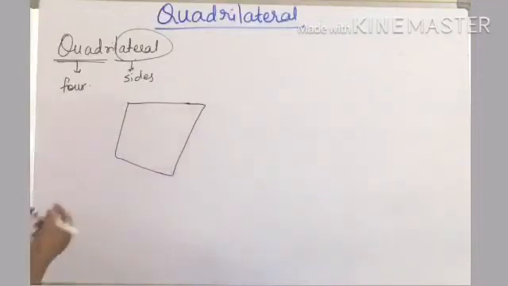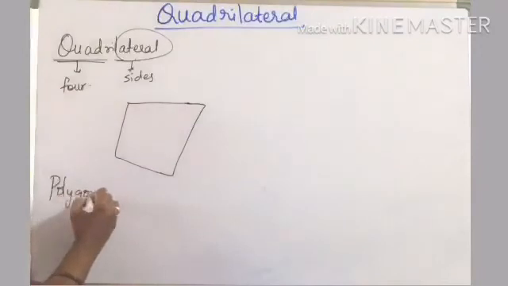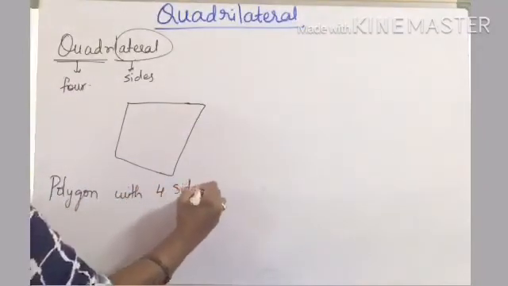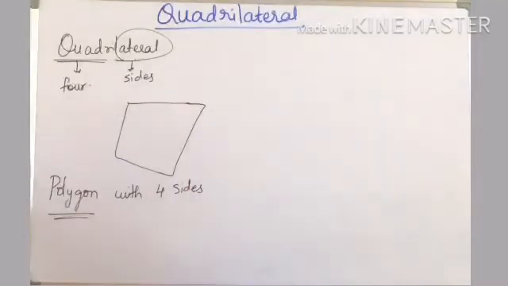A quadrilateral is a polygon with four sides. Now, what is a polygon? A polygon is nothing but a simple closed figure formed by line segments, right?